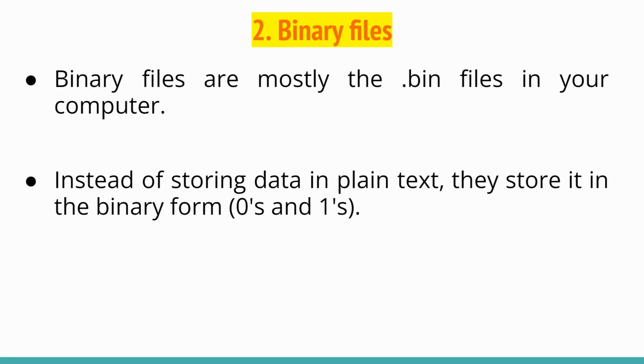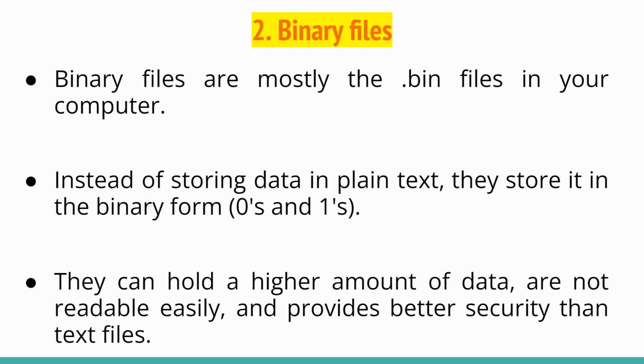Whenever the compiler generates a binary file, those are also .bin files. The main advantage of binary files is they can handle a high amount of data, but they are not easily readable because humans cannot easily understand binary language. But the main advantage is they provide better security features and they consume less storage.